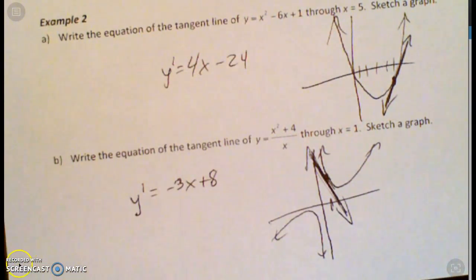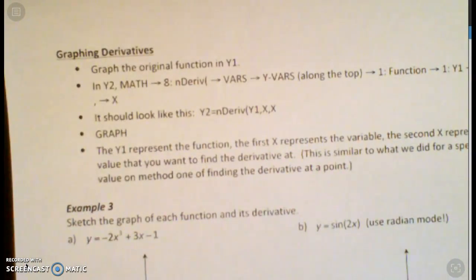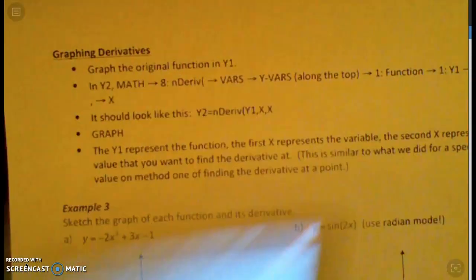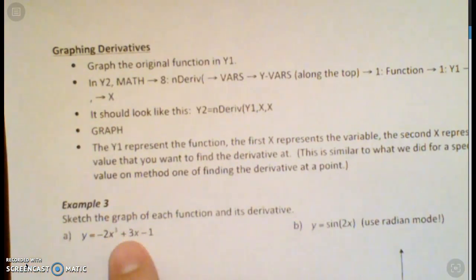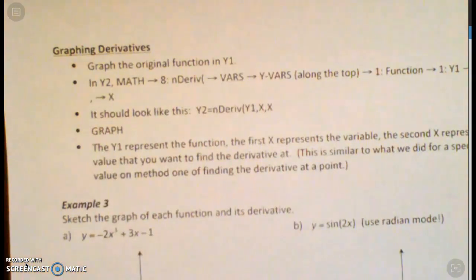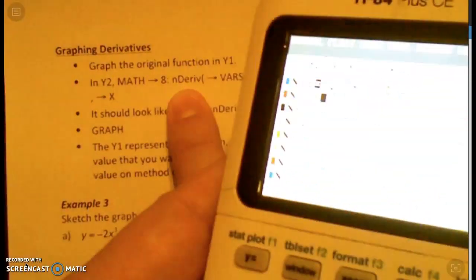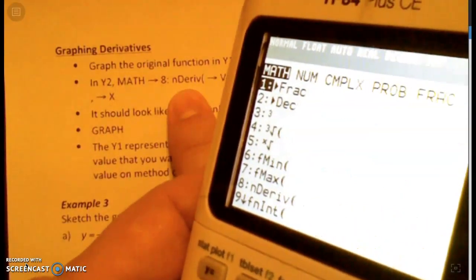Pretty cool stuff. So something else we can make our calculator do for us is graph derivatives. I type the original, this is example 3, into y1, and then in y2 I'm going to make it find the derivative. I don't know if you knew you could do this, but right here I can hit math while I'm on y2.